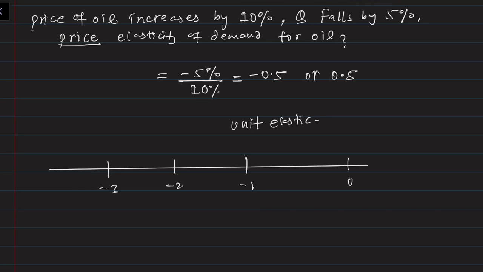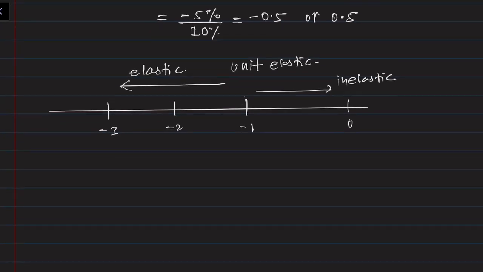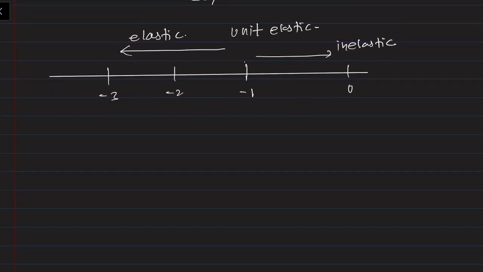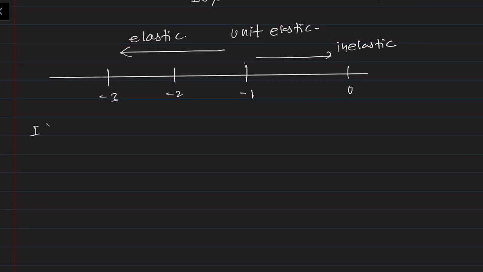Unit elastic, this direction is inelastic, and this is elastic. Here this sign is called eta, which is used to denote the elasticity. Some books may use some other symbol, so it doesn't matter.